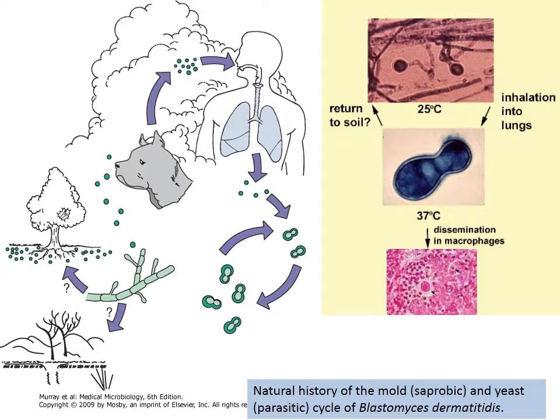The important thing on the right-hand side is 25 degrees, and then it becomes inhaled into the lungs, where we have 37 degrees. Then dissemination in macrophages will be the beginning of infection, and then back and forth, the typical cycle of inhalation and returning to soil.